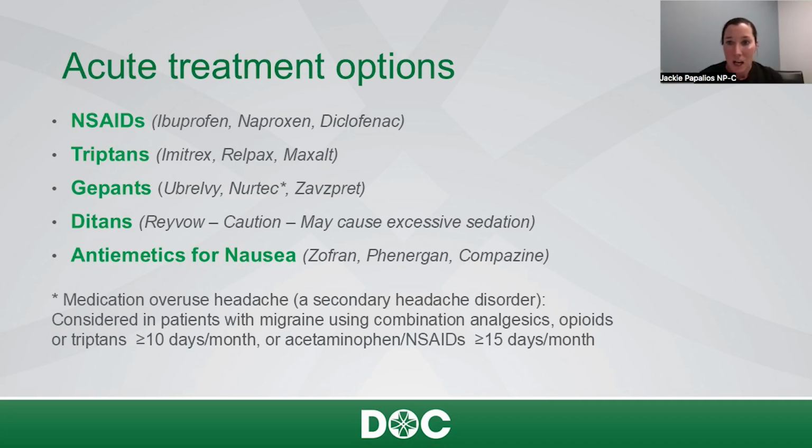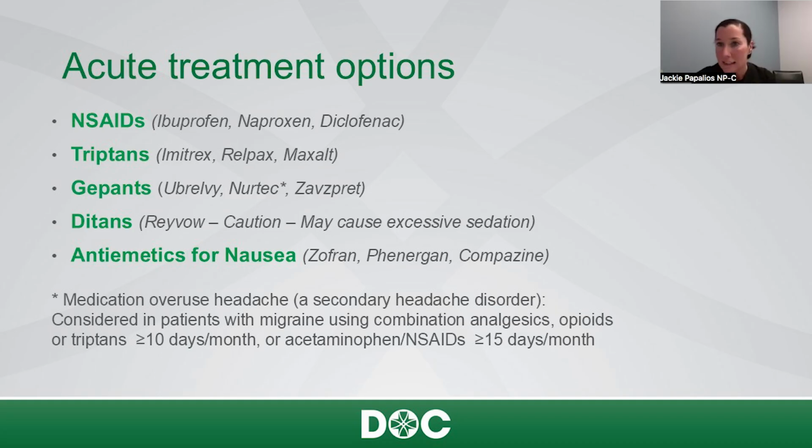All right, now we talk a little bit about the treatment. So acute treatment, again, something that you take at the onset of a migraine to help get rid of it. NSAIDs, these are the things that are easily accessible over the counter, like ibuprofen and naproxen, also diclofenac. So I just really listed, there are a lot of different medications that can be trialed.